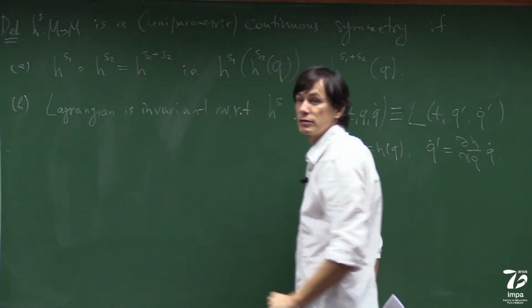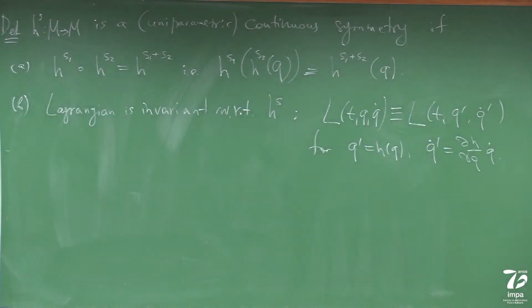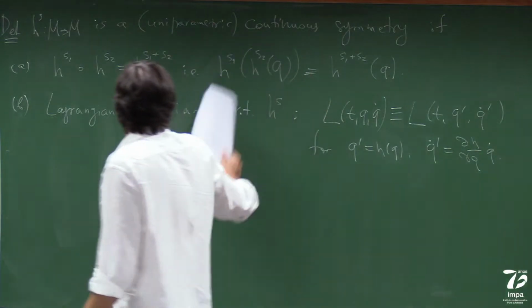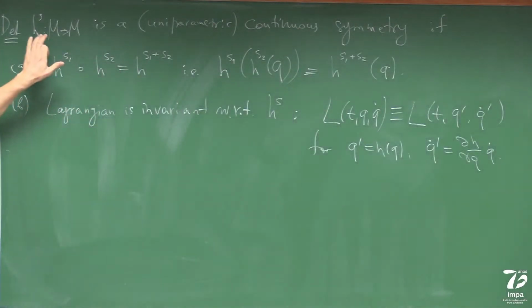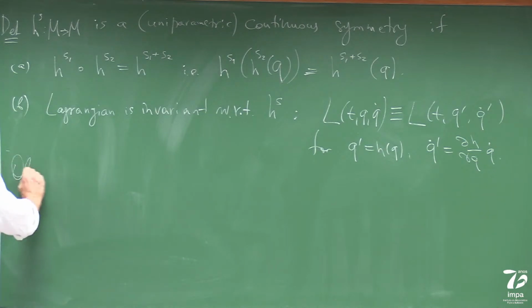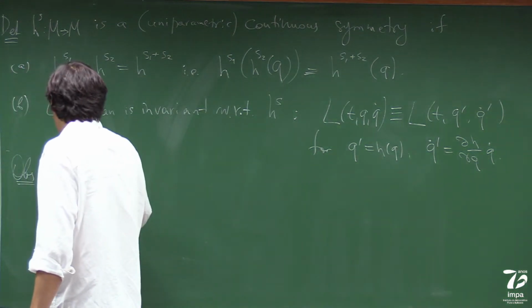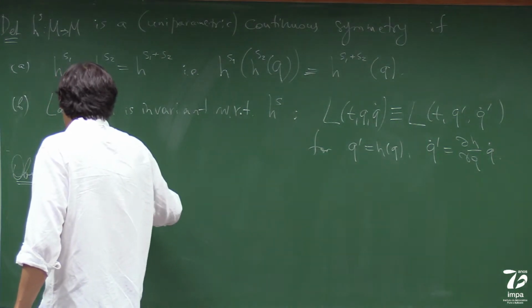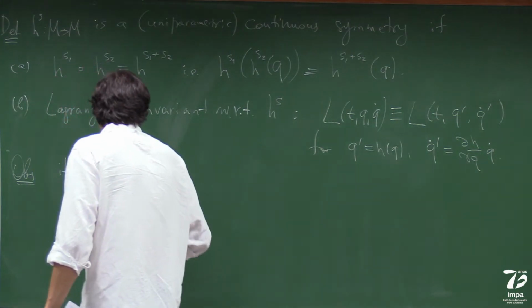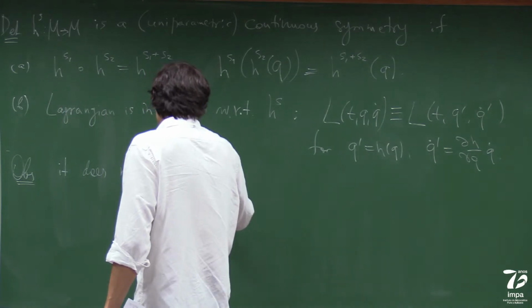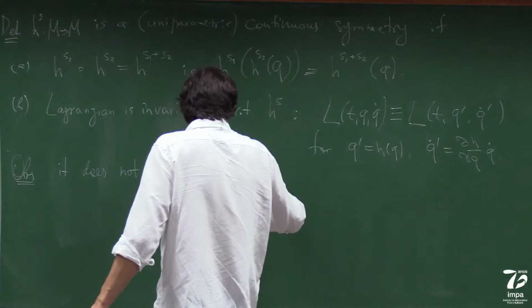So whenever we have this kind of uniparametric family of diffeomorphisms with these two properties, we call it a continuous symmetry. So the first observation that you have to make is that it does not apply to proper Galilean transformation.